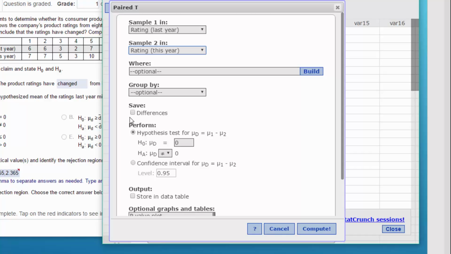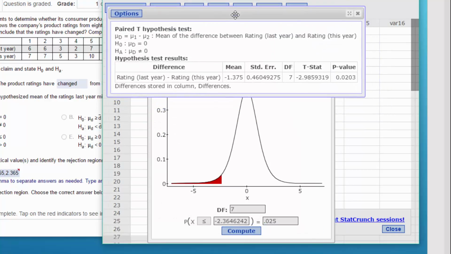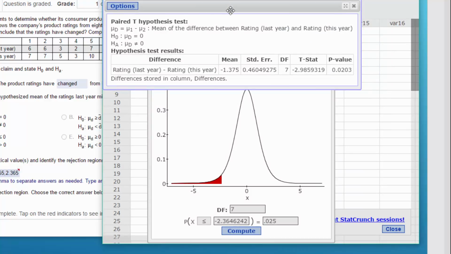It's important when you're doing these tests in MyStatLab that you save the differences, because you'll need that to find the S sub d bar that we'll need for the answers. Then we've got to make sure we've set up the hypothesis test. The mean difference is equal to 0, and the alternative not equal to 0. It defaults to not equal, but make sure it is set that way. And then we just click compute, and we get our basic answer.